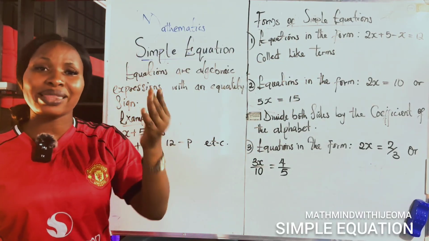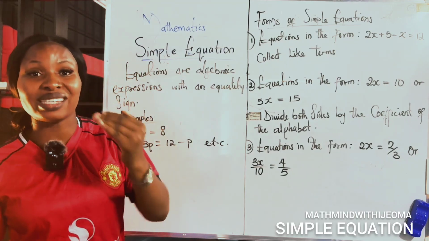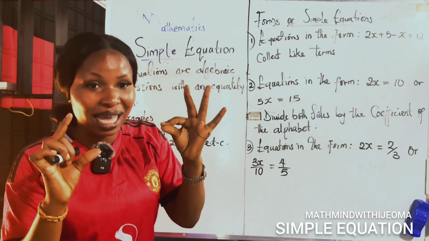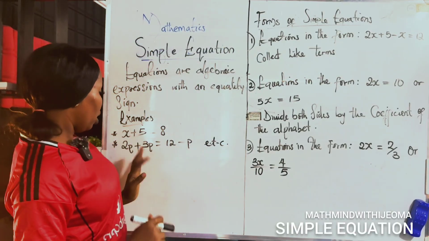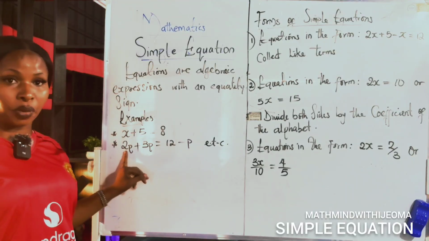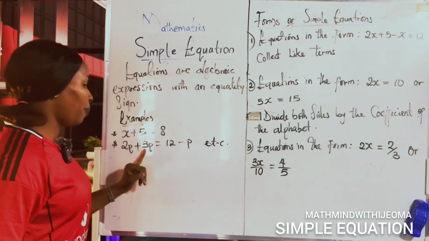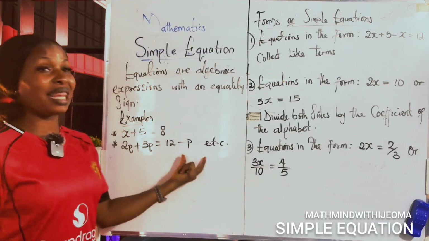And what are like terms? Like terms are terms that belong to the same family. Like terms are terms that are alike, as the name implies. Example, if you come to this second example here, you have 2p, you have plus 3p, you have minus p. These three are like terms.